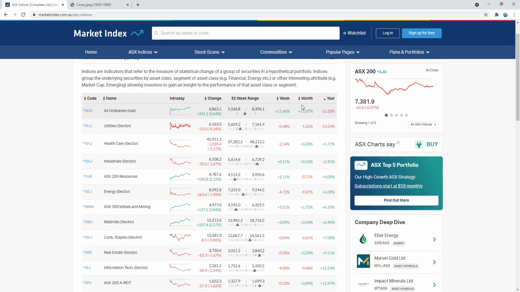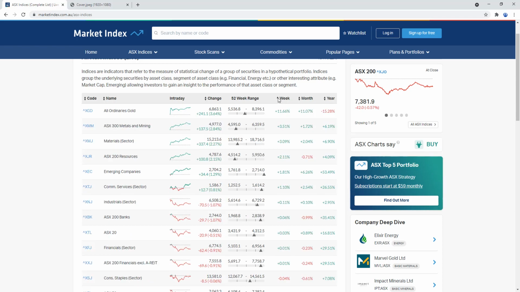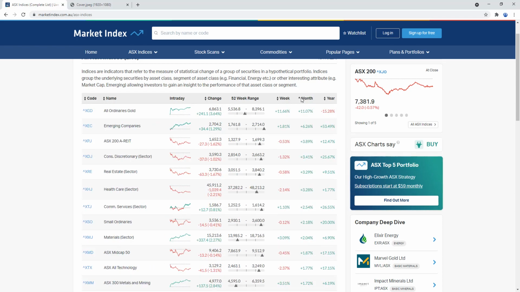Okay, so as you can see here, the weekly best performed sector is the All Ordinaries gold, the gold miners. The monthly best performer is also the XGD, the gold miner companies. That's very interesting information.